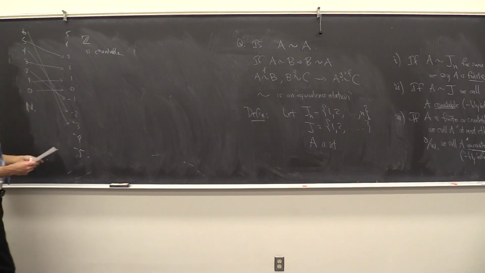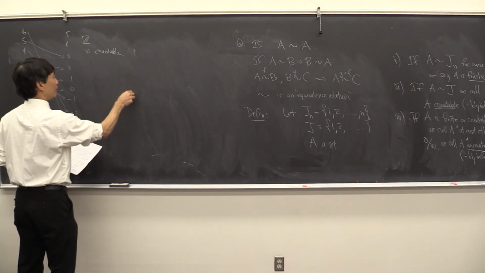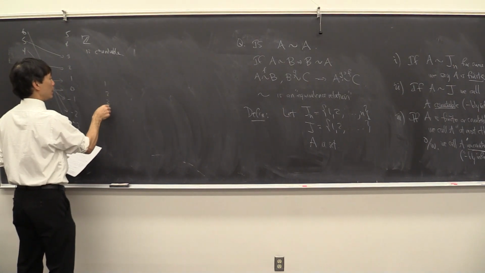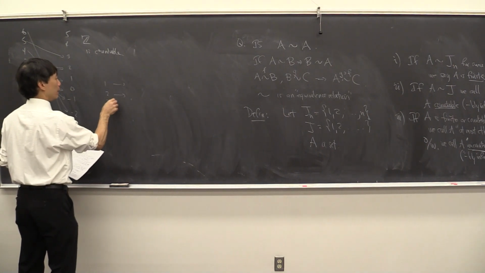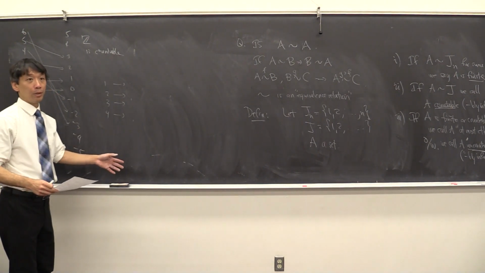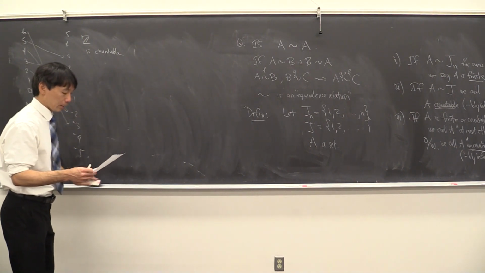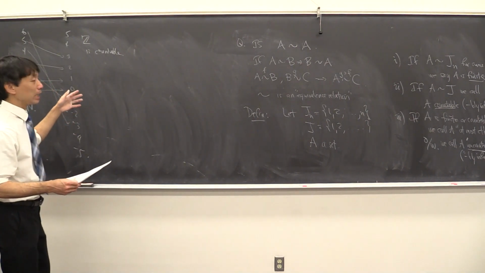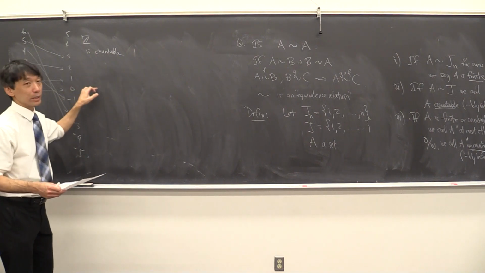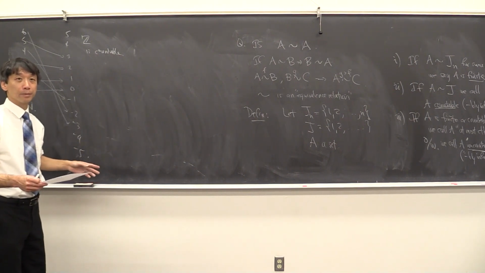So if I have a bunch of objects, and I can make an association with each object and a natural number, then the thing is countable, right? So basically, as long as you can make a sequence that gives you every single element of your set, then that set is countable. Okay. Good.